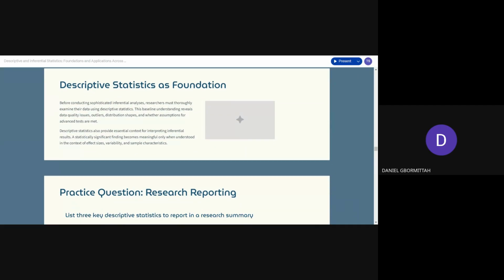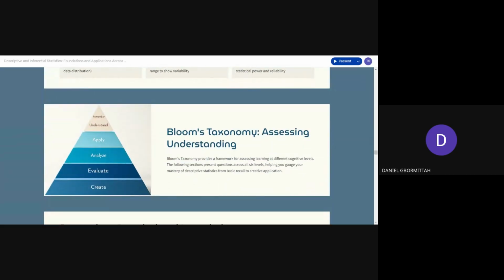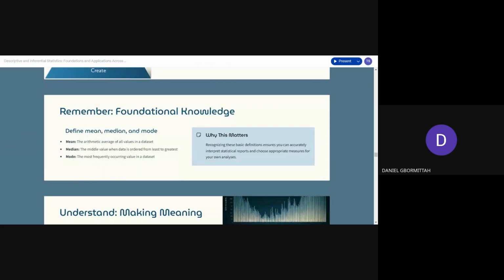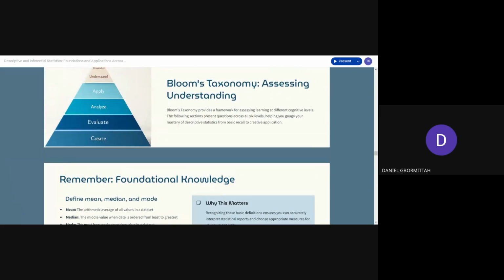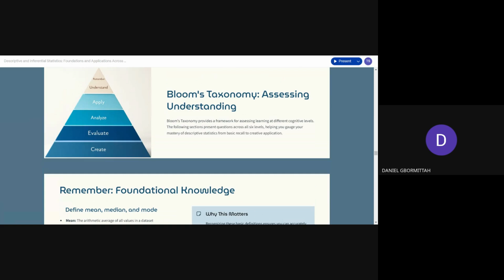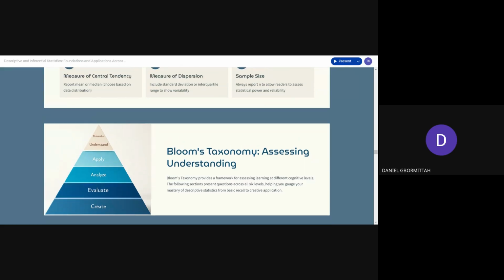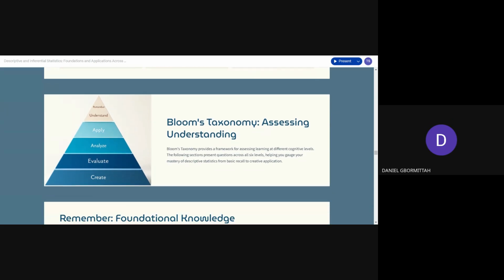Descriptive statistics as foundation. The Bloom's taxonomy. What is the Bloom's taxonomy doing here? It has implications for the kind of questions we set. So when the majority of the questions are asking students to create, evaluate, analyze, or apply, the students tend to perform low if they are not well prepared.